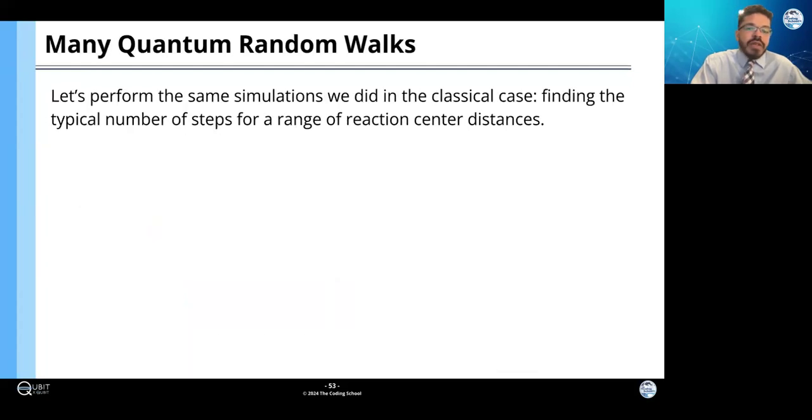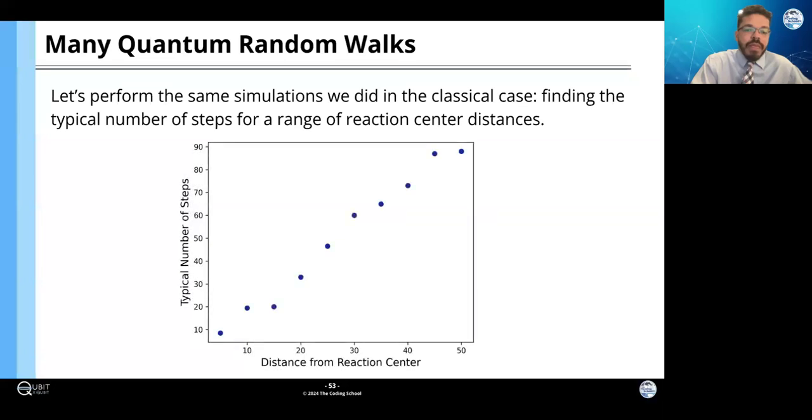So let's find the typical number of steps for a range of reaction center distances. That plot we took previously, let's see what it looks like when we include these quantum effects. If you remember our classical simulation, we needed thousands of steps. Here you need tens of steps.